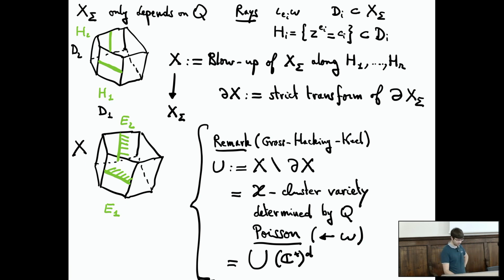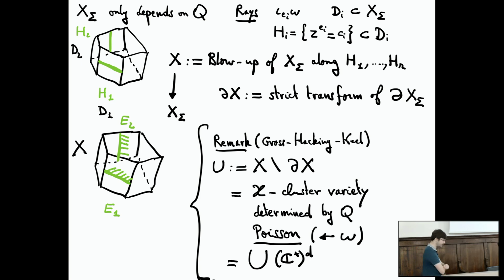And it's a fact due to Gross-Hacking-Keel that if you look at the complement of partial X inside X, which I denote by U, then maybe up to possibly codimension 2 loci, this U coincides with the so-called X cluster variety, or Poisson cluster variety, attached to the quiver Q, which is something that maybe some algebraists or representation theorists might care about.